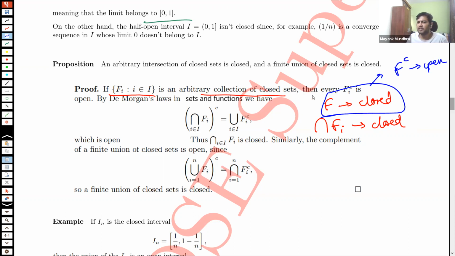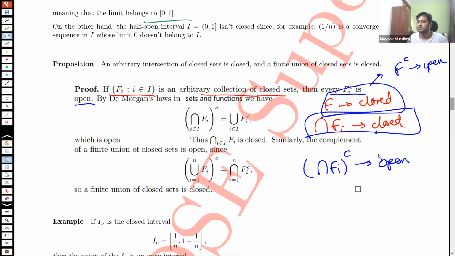So each Fi is closed, then every Fi complement is open. So by De Morgan's laws, we just have the intersection of Fi, the whole complement. Okay, so I want to show this is closed, right? I have to show that the intersection of Fi is closed. So I just show that the complement of the intersection of Fi is open, then this thing is automatically done, right? Because if the intersection of Fi is a set, and if this set's complement is open, then this entire set becomes closed.